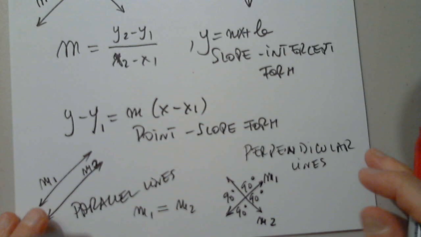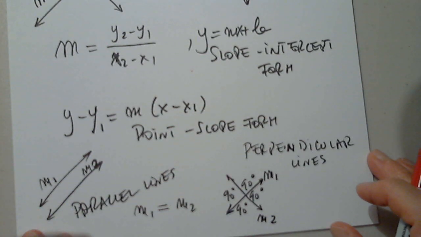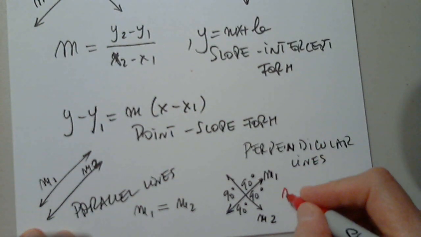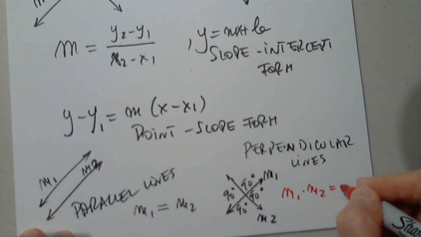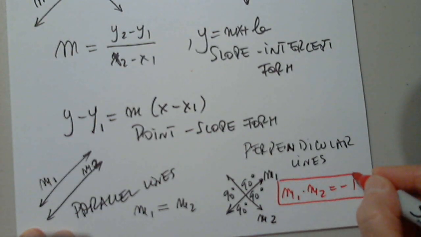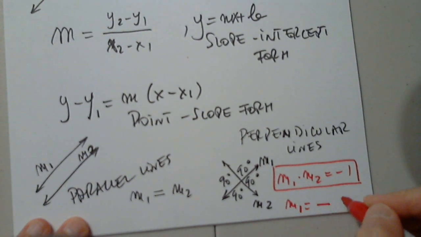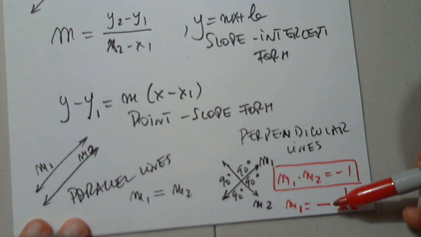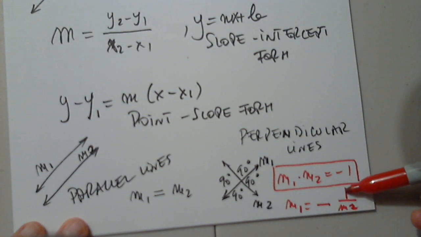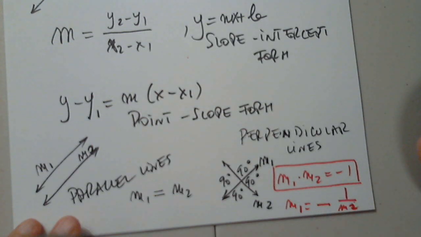Anyone remembers? The way I like to remember it is the product equals -1. I'm sure you were taught to say m1 equals -1 over m2. One slope is the negative multiplicative inverse of the other. So much easier. Cross multiply. Product is -1. It doesn't matter which one you remember, it's the same thing.